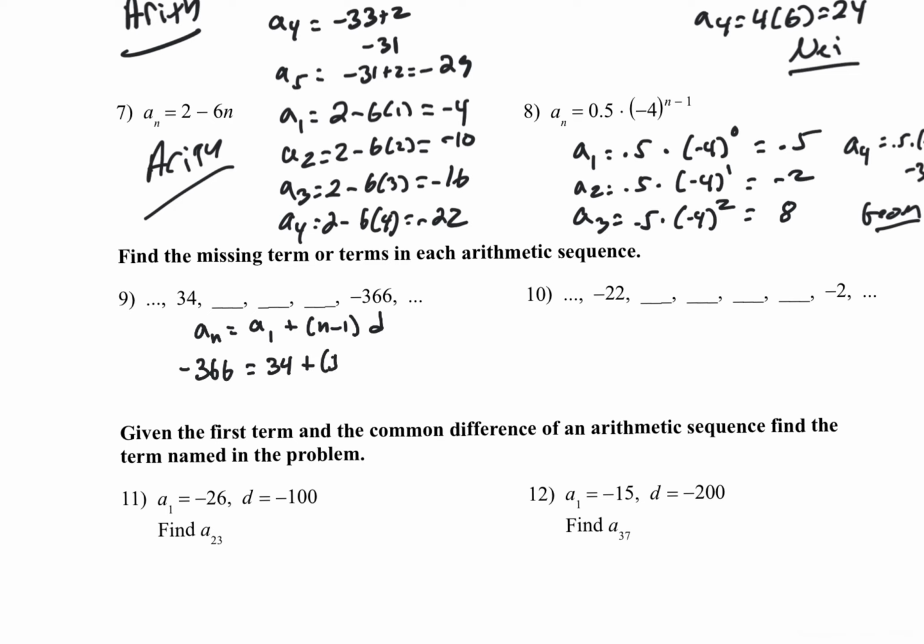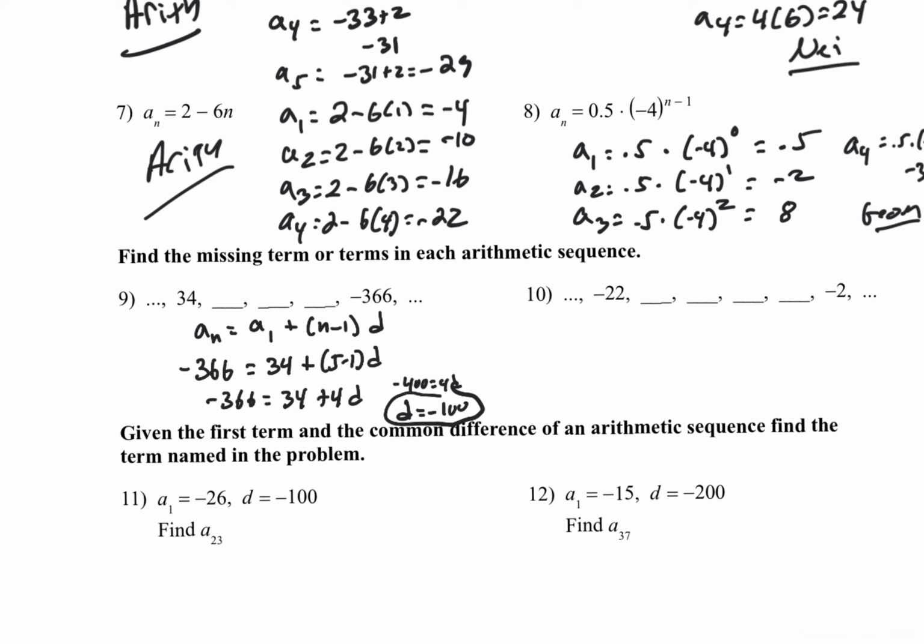Negative 366 is my fifth term, so it's going to be 5 minus 1 times d. So that's negative 366 equals 34 plus 4d. That's negative 400 equals 4d. d equals negative 100.